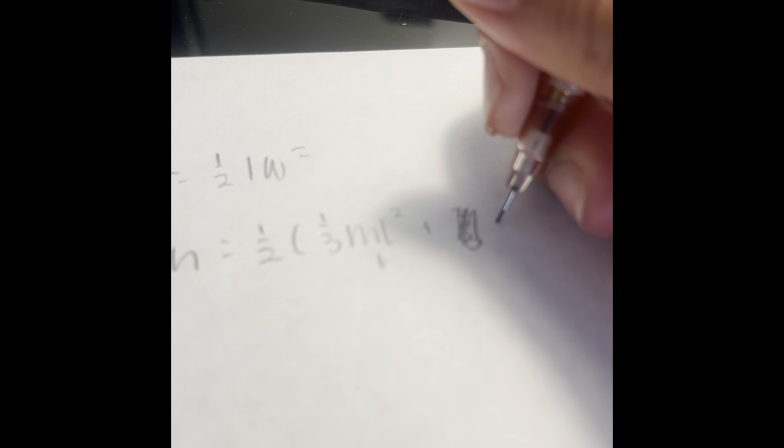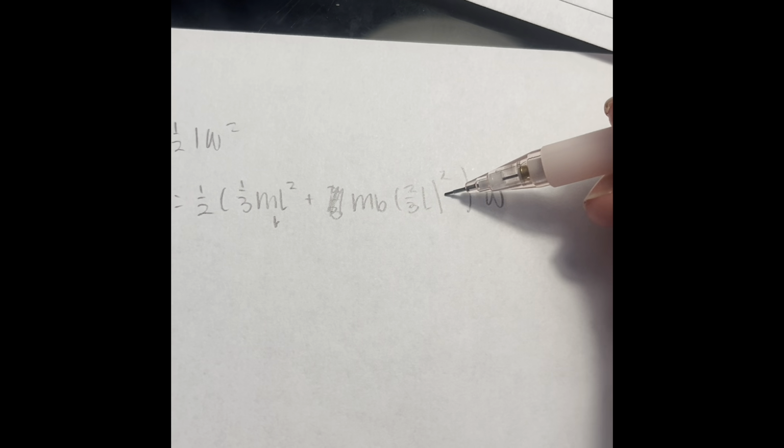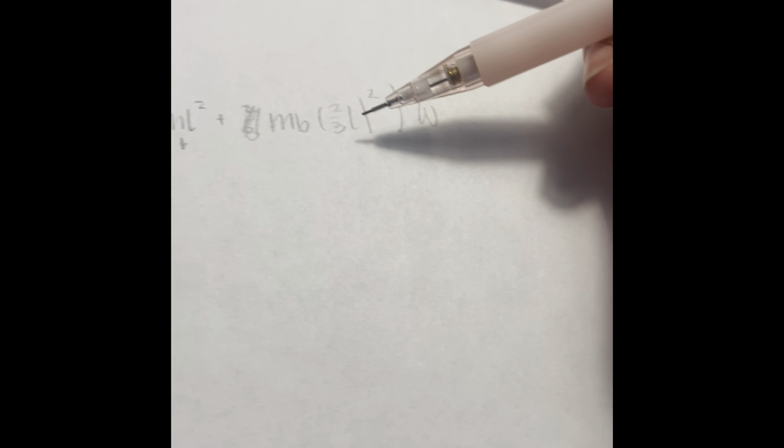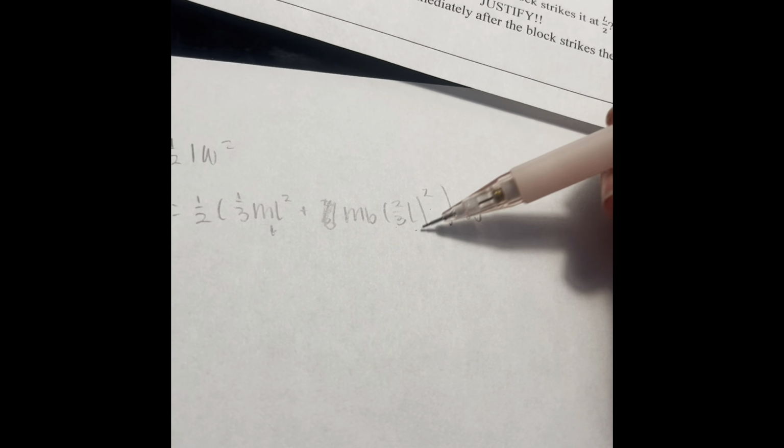One-third m L squared plus m block times 2/3 L squared, times omega squared, because this is where the block hits the rod. And then I'm just going to plug everything in.